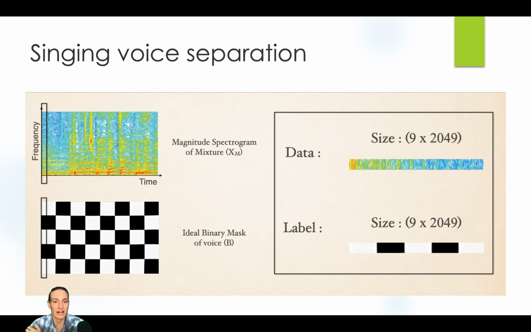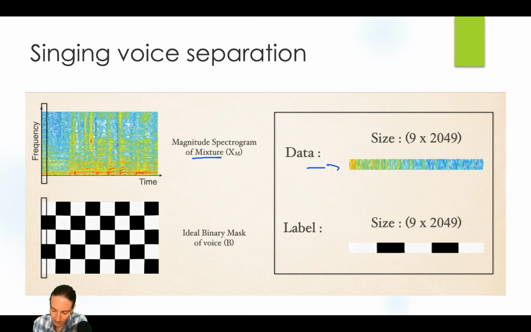Okay, so these two things are what we're trying to separate, the voice from the instrument. Right. How do we represent all this? Okay, so we use the masking technique. So we start from a spectrogram of the mixture, meaning both accompaniment as well as singing voice. So this is what our data looks like.